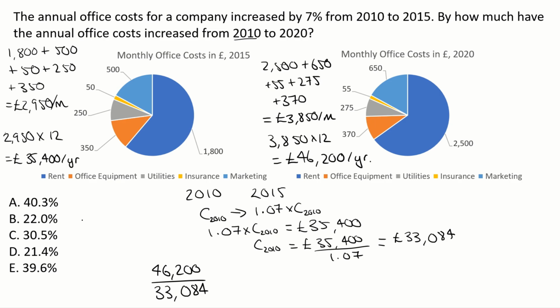And then if we look here, our answers are all in percentage, so we want to times this by 100% to get it as a percentage. So if we calculate that, we end up with 139.6%.